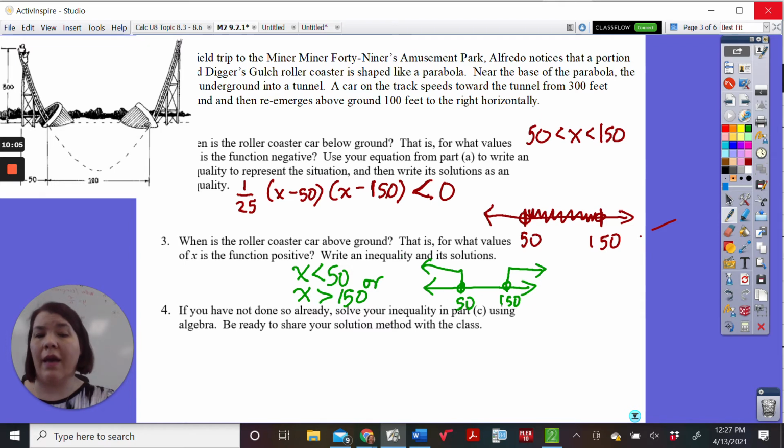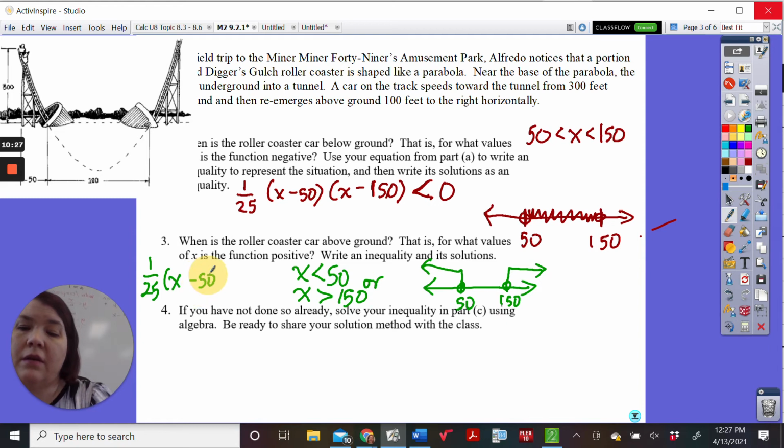But then we also have the limits on our equation to consider. We're going to leave them out of this particular one, that it can't be 0 or negative numbers, and that we're eventually going to be out of the parabola portion around 200. But we'll leave it here. And so my equation would then be 1/25, parentheses x minus 50, close parentheses x minus 150 is greater than 0. And the answers are right there.